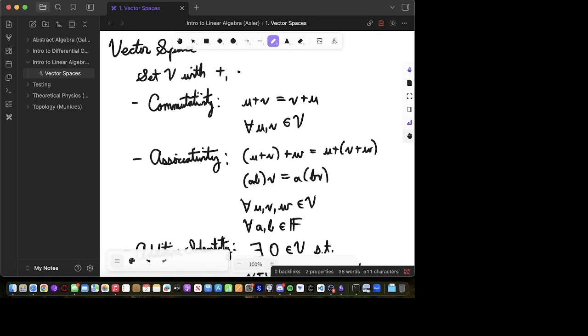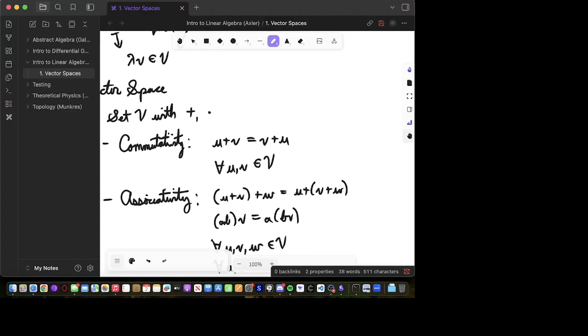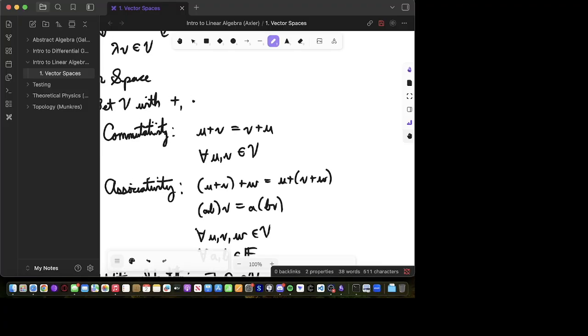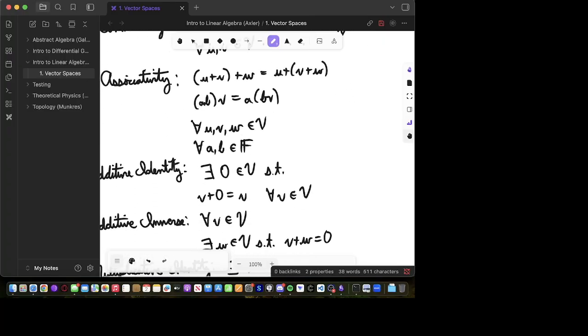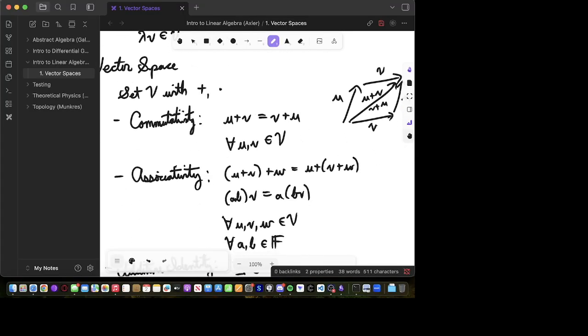So that's a lot of properties. If we think about this in terms of arrows, let's say we have u, and then this is v. This is u plus v. If we have v and then u, that's v plus u. So you can see how in the special case of arrows in Euclidean space, commutativity holds true. And if you go through the rest of these, you'll see that all of these end up being true.